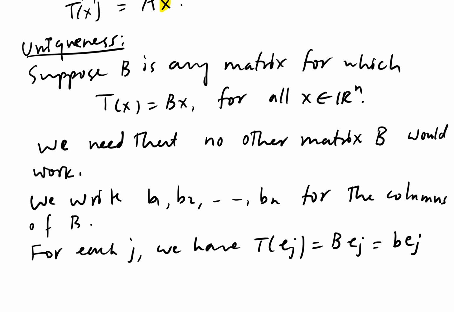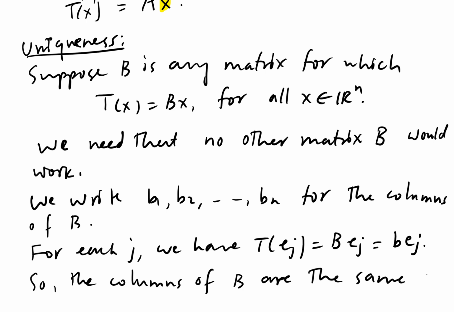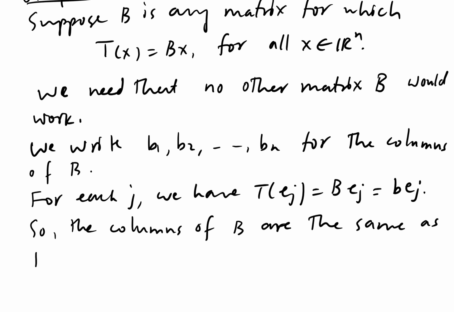Remember how the columns of A were A, Ej. So that proves to us that the columns of B are the same as those of A. So that proves A and B are the same and A is unique.